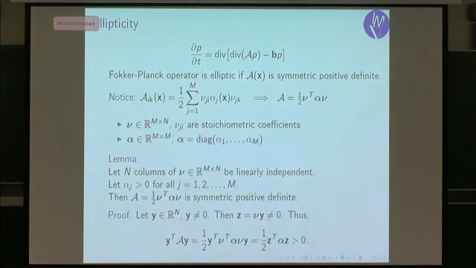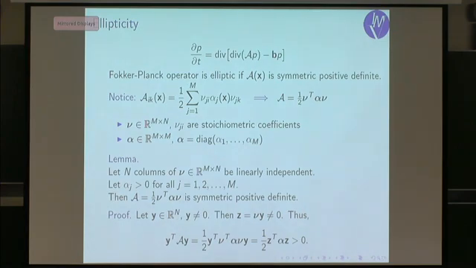So immediately we can find that if the columns of this stoichiometric matrix nu are linearly independent, and if the propensity functions alpha are positive, then this matrix must be symmetric and positive definite, and the Fokker-Planck operator elliptic, and everything will be well posed.